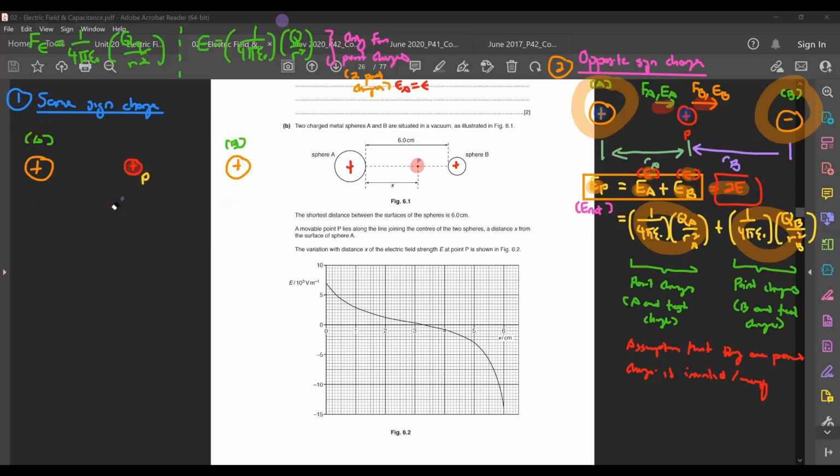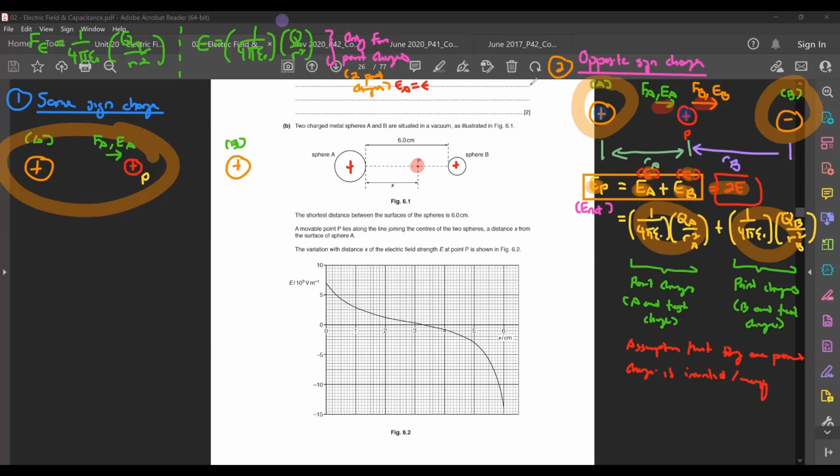If you consider the effects individually, say for sphere A, because they're both positively charged, the electric force on the test charge is towards the right, and so is the field strength due to sphere A. So your FA and EA are towards the right.